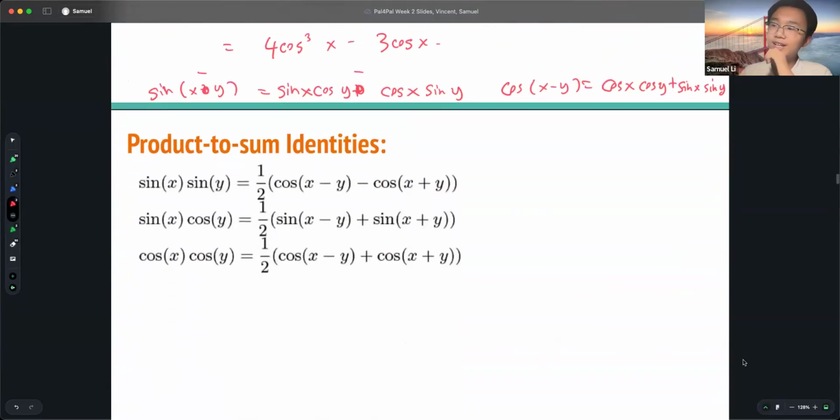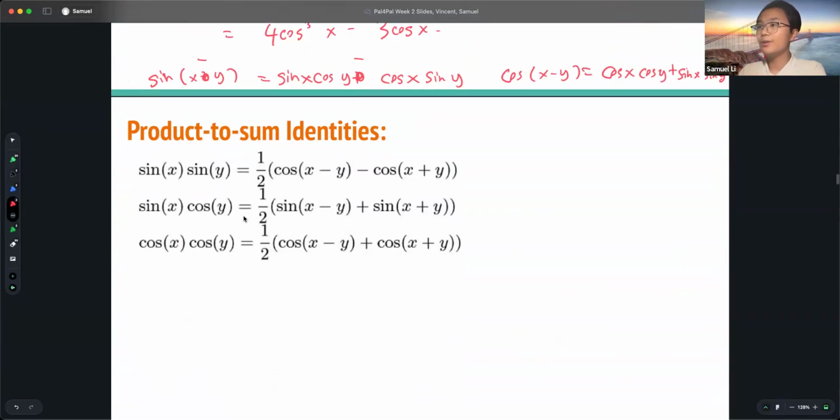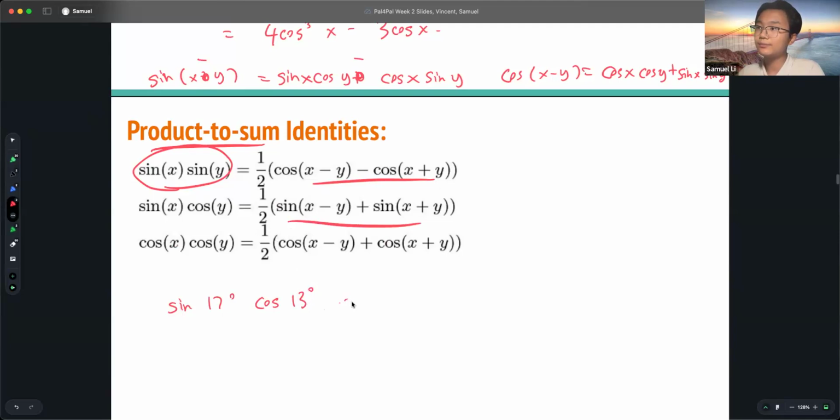Oh, and these guys here are even harder to memorize, and I don't have a trick for them, but they're really easy to derive. The power of these identities, the product to sum, is that we could turn a product of trigonometric functions into a sum. Sometimes when we have some weird angles here, like 17 degrees or 13 degrees, we can apply something like this to turn it into something more manageable.